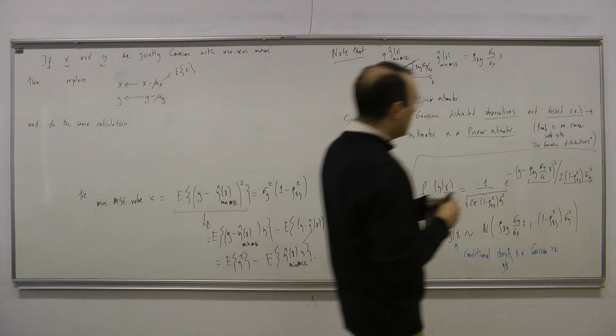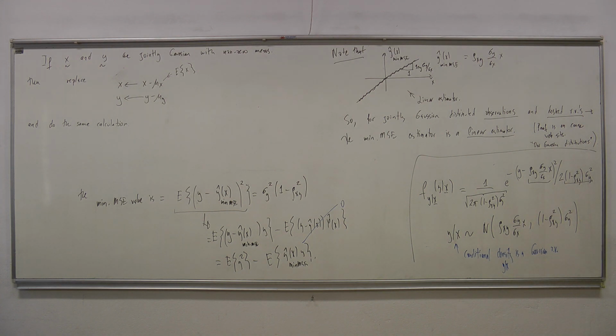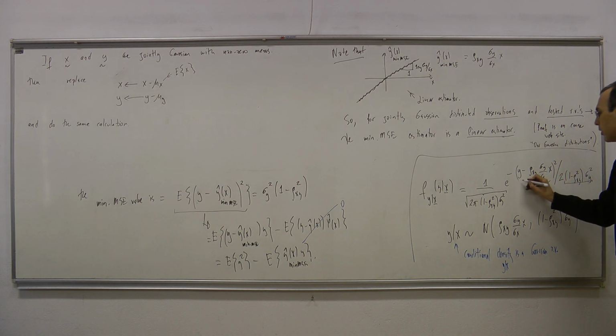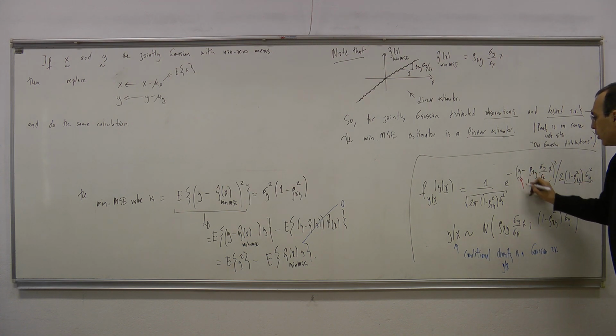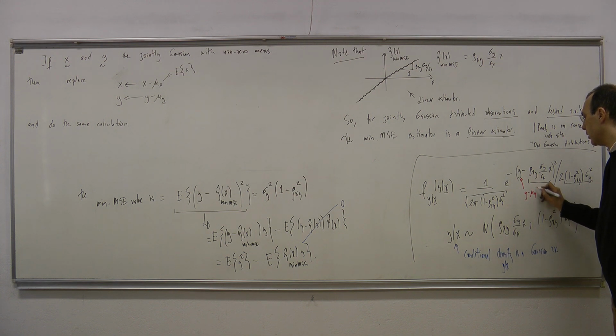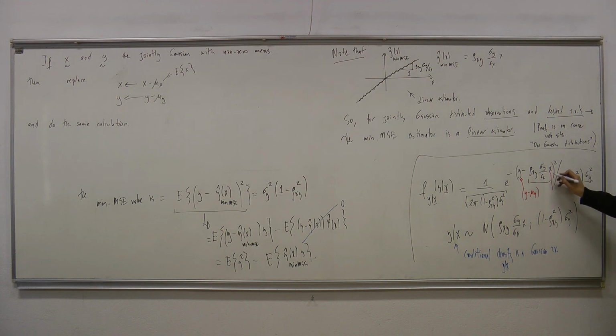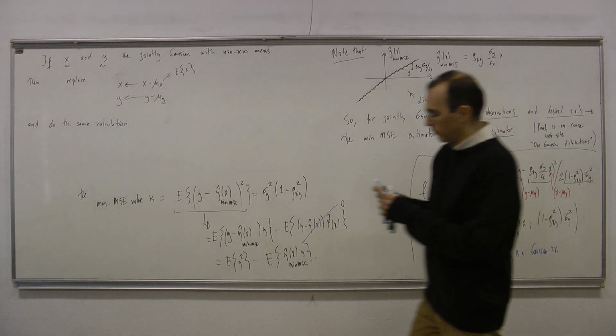Now if you do the substitution at the end, because x and y are generic variables, instead of y I'm writing y minus mu y, am I right? Instead of x I'm writing x minus mu x. So what happens to this one?